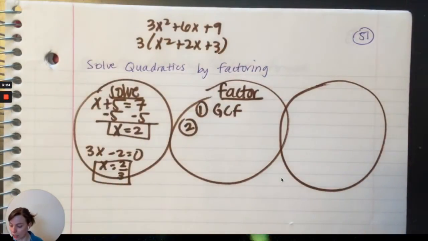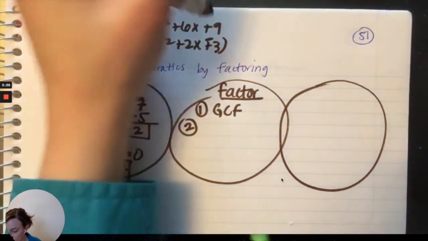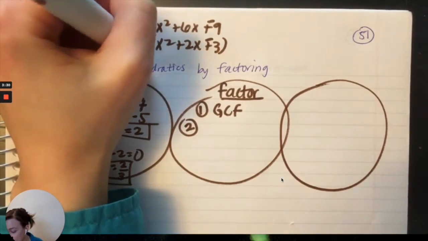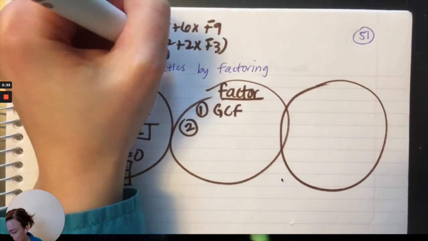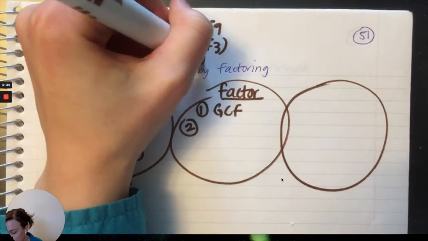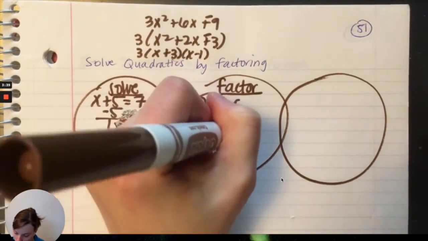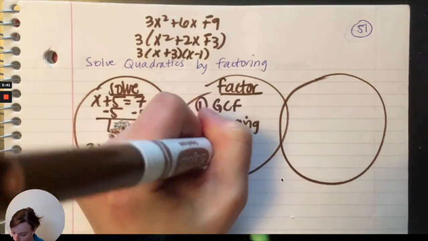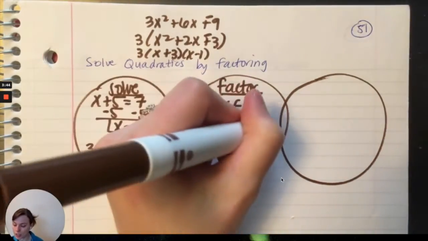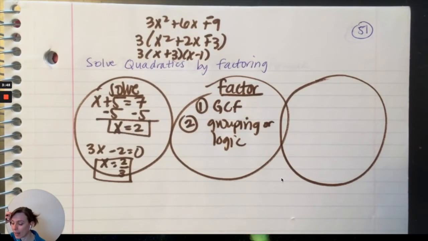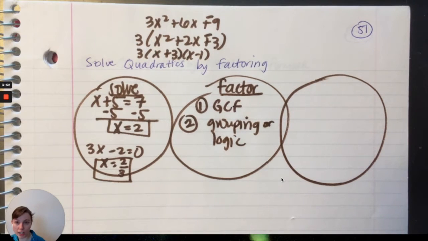If this was a -3, let's make that a -9. Now we could factor that further, and we can say this is 3 times (x plus 3)(x minus 1). We could factor it farther by using grouping or logic. I just did logic here. I didn't have to use grouping. I did the logic inside my head. To me, I like logic, but grouping will always work. So if you are stuck and you're just like, I don't know what to do, stick with the grouping, totally fine.